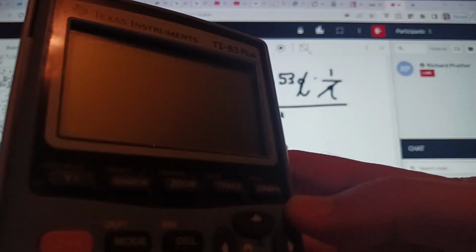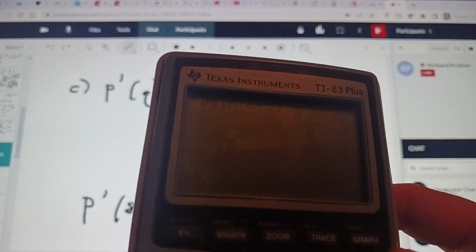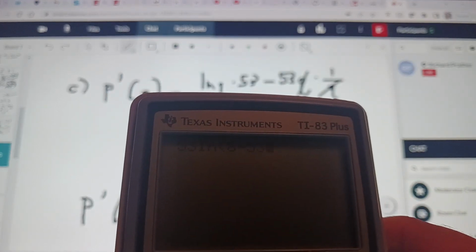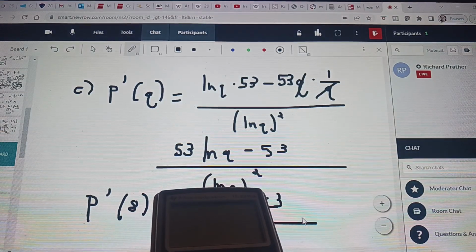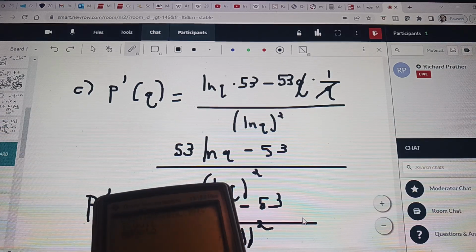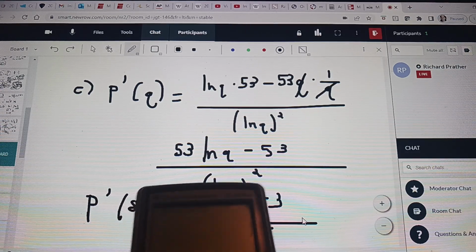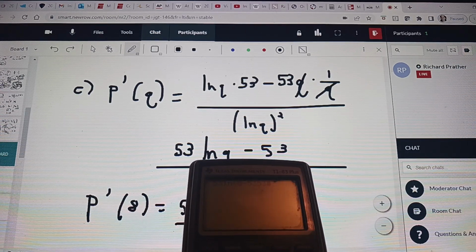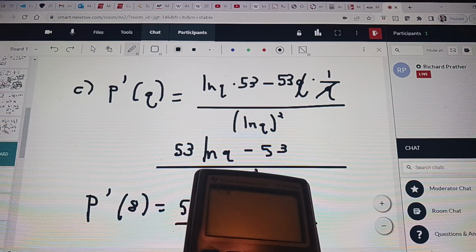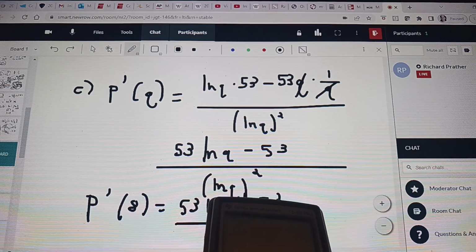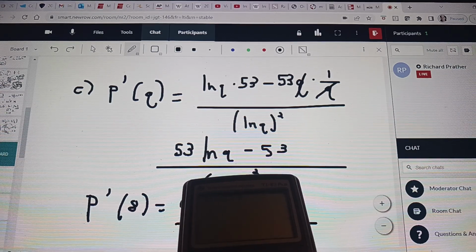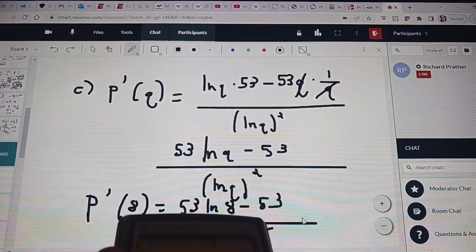I don't know how well you can see that, but all I've typed is 53 ln 8 minus 53. That's the numerator. Whoops, I didn't close the parentheses, sorry. Okay, so 53, as soon as I hit ln, a parenthesis pops up. So after I type the 8, I need to close the parenthesis before I hit minus 53.